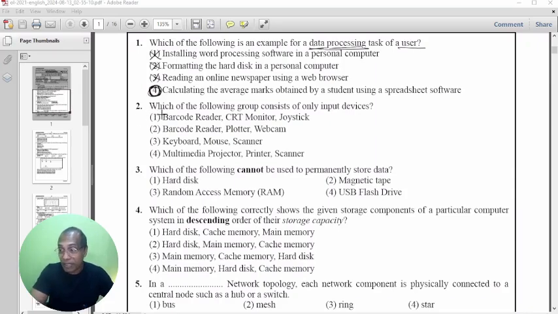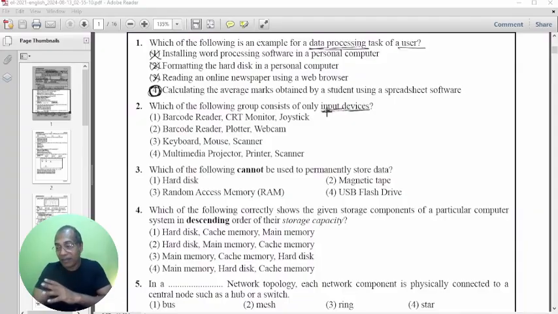Which of the following groups consists of only input devices? Remember, these are only input devices. So things like keyboard, mouse, light pen, those are input devices. Webcams, microphones, input devices.